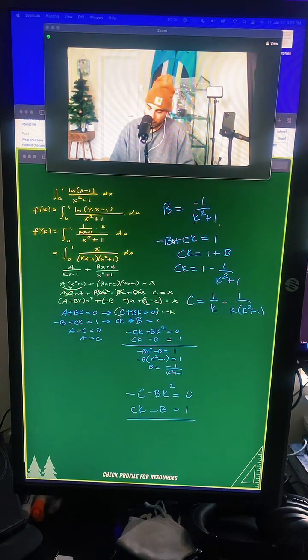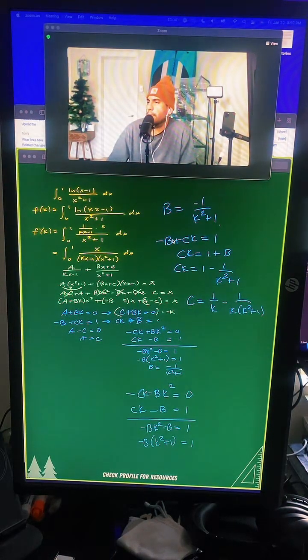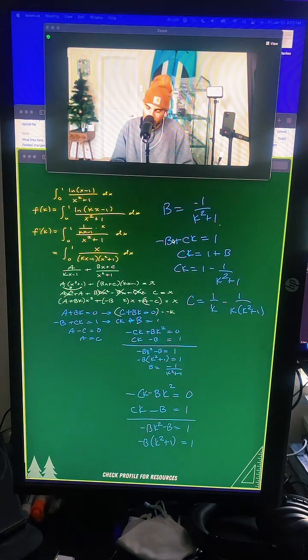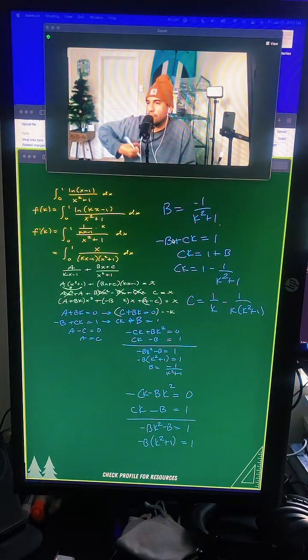And I think if I'm supposed to add these together, it should be negative bk squared minus b is equal to 1. So negative b times k squared plus 1 is equal to 1. Why do I keep getting a minus bk squared? Because a was equal to c. Because I multiplied. Okay, all right, just making sure.